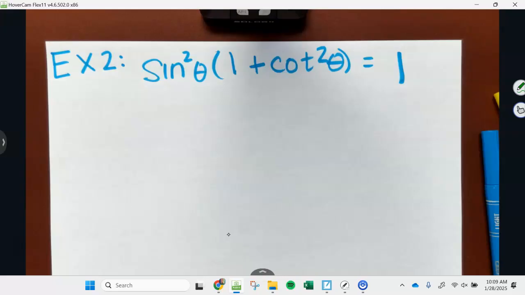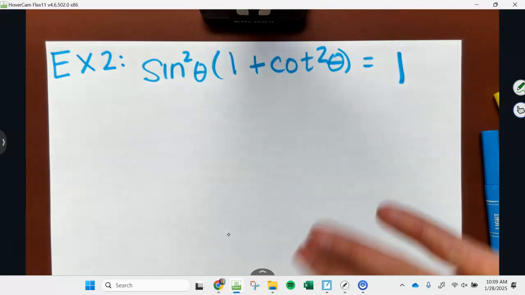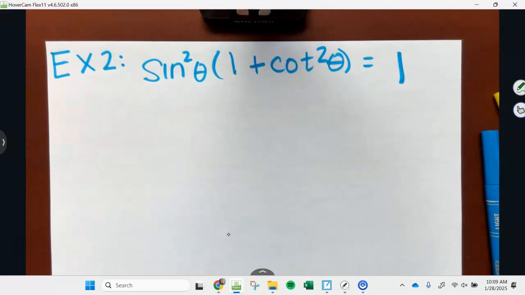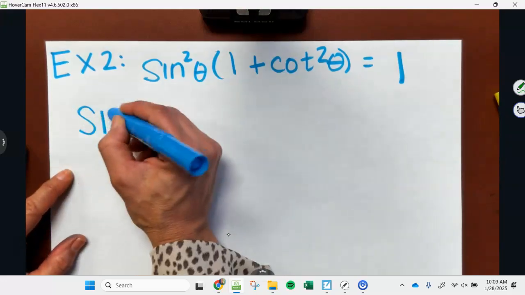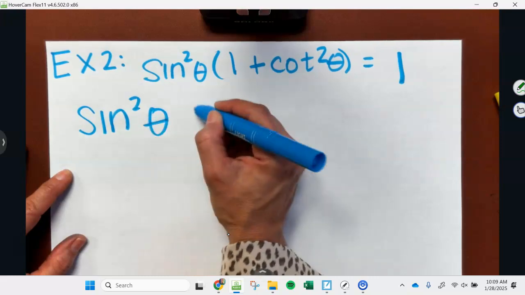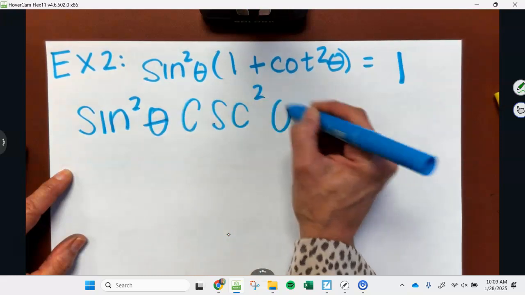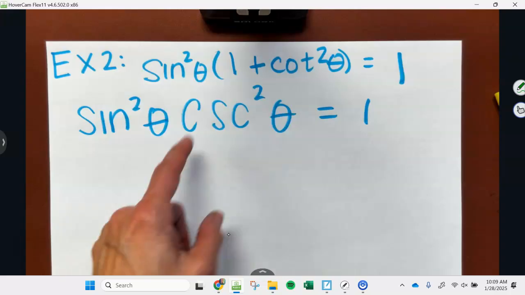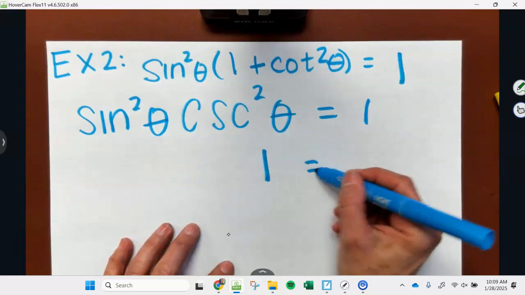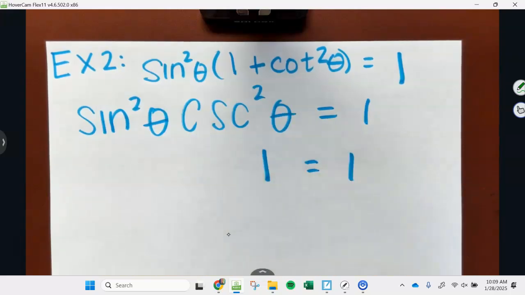Okay, so I'm going to substitute. I'm going to drop that and put what it equals. So this is going to be sine squared theta times cosecant squared theta equals 1. That is 1. 1 equals 1. That's it.